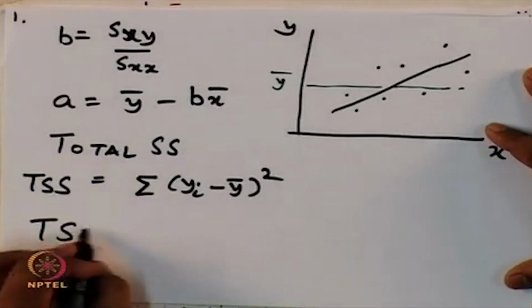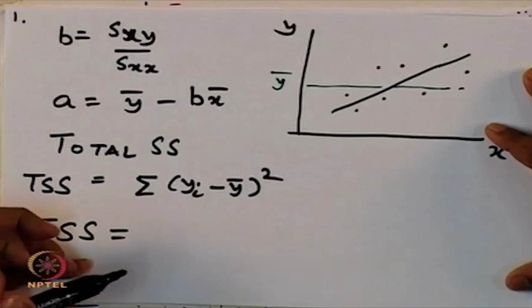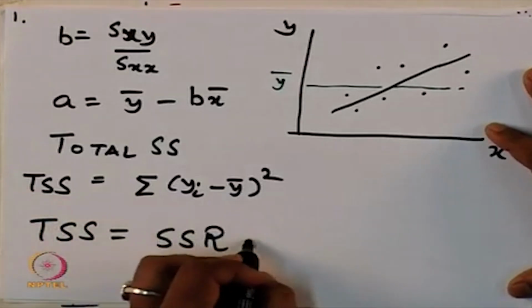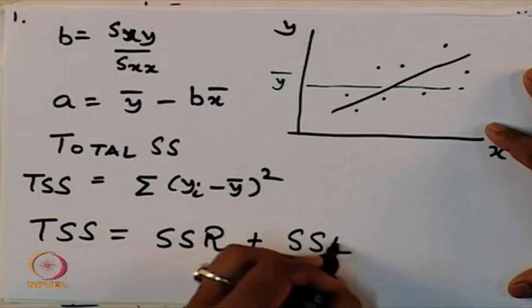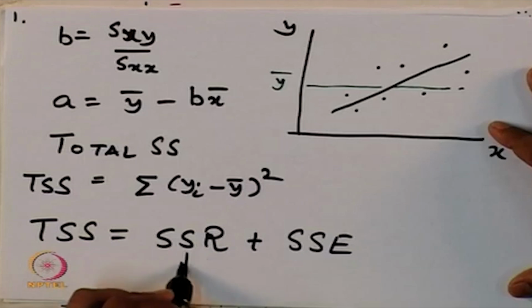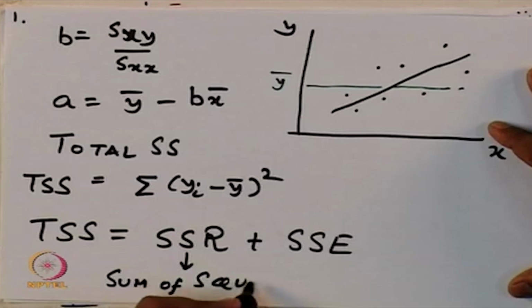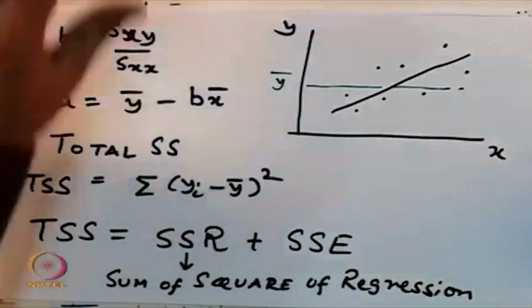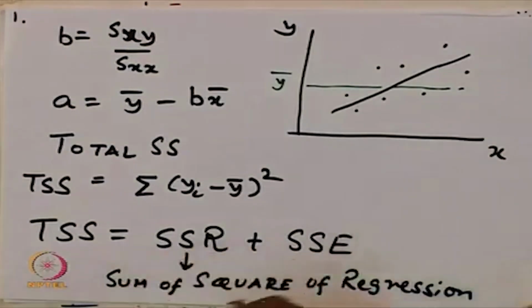In ANOVA, you want to break down TSS into two components. TSS has a component of sum of squares of regression. At each point, what is the sum of squares of regression?